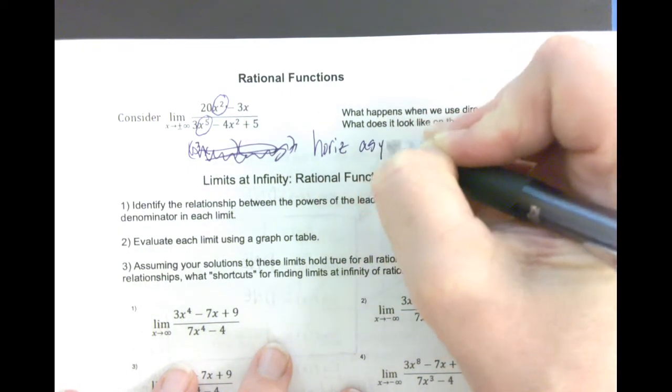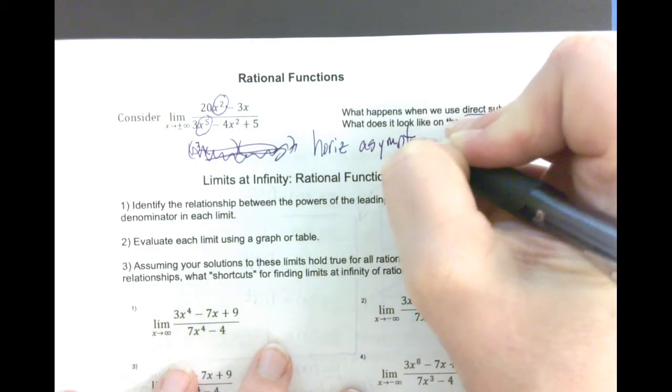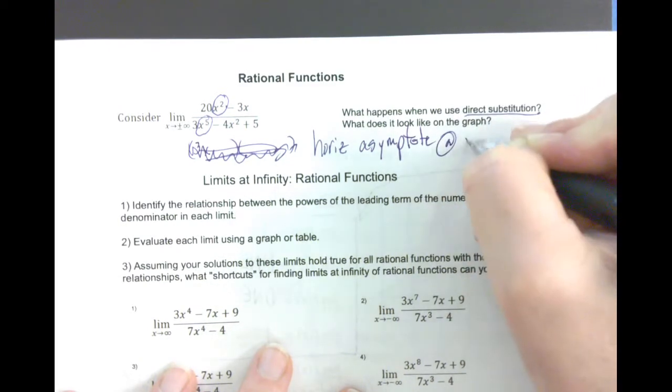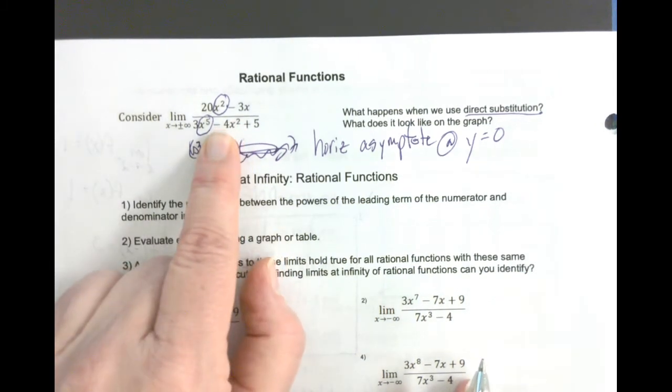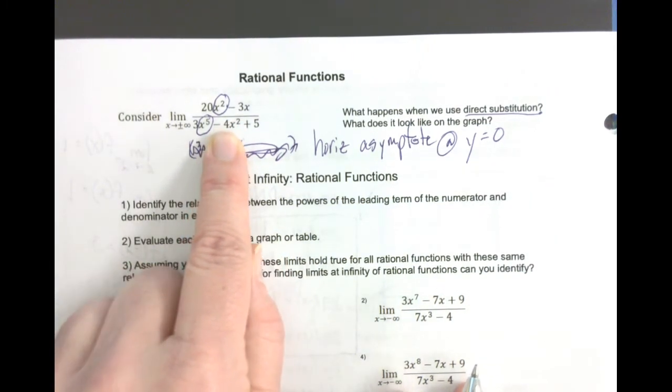When the top is smaller in degree than the bottom, then you have an automatic horizontal asymptote at y equals 0. Okay? So the horizontal asymptote at y equals 0. Now, I don't know for this function. Maybe Camille has graphed it. Of course she has.